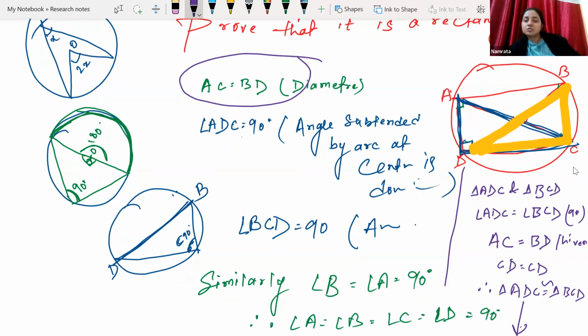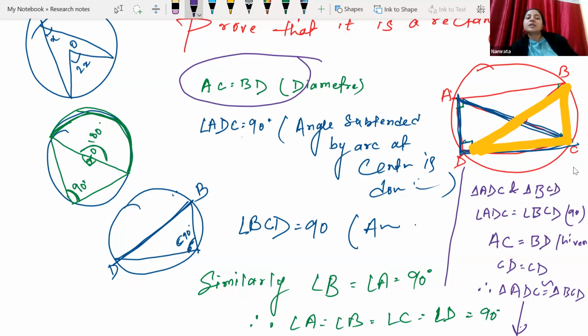After showing these two angles as 90 degrees, we are saying that angle A, angle B, angle C, angle D all will be 90 degrees just like this. Okay, now we have to prove that this is a rectangle. We have shown that each interior angle is 90 degrees. Now we also have to show that the opposite sides of this quadrilateral are of the same length.